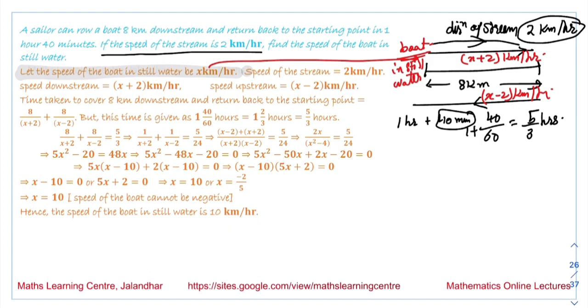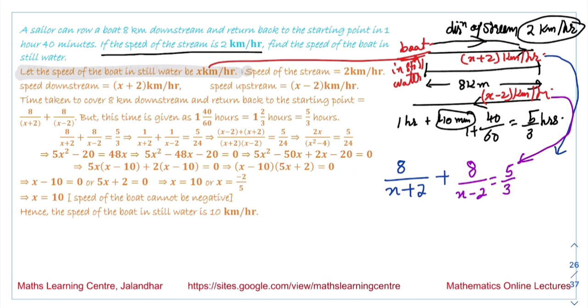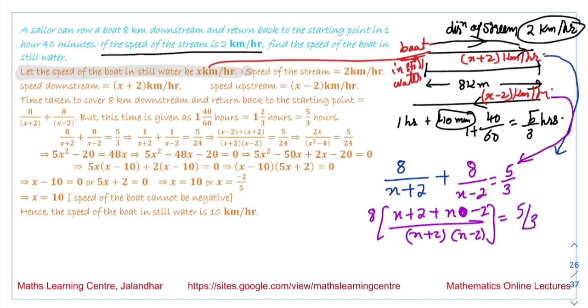Now the total time taken: the time taken upstream will be 8 over x plus 2, the time taken downstream will be 8 over x minus 2, and the total time taken is 5 by 3 hours. So 8 we have taken common, it is x plus 2 plus x minus 2 over x plus 2 into x minus 2 is equal to 5 by 3.